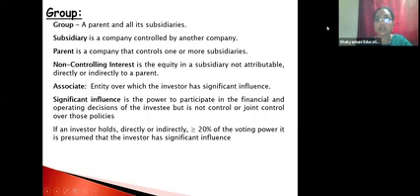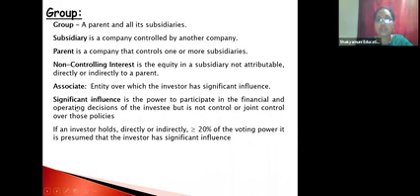Non-controlling interest is the equity in a subsidiary not belonging to the parent. That means in our example, 20%. Equity is there in a subsidiary, but that equity does not belong to the parent. That 20% is called NCI, non-controlling interest.